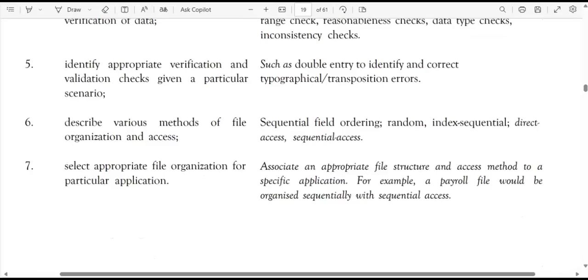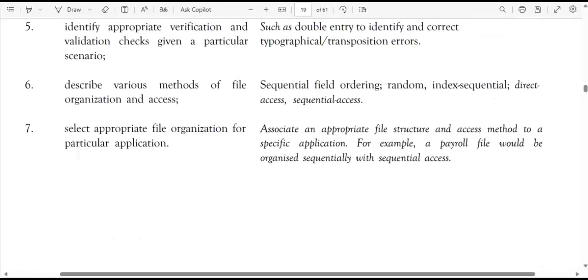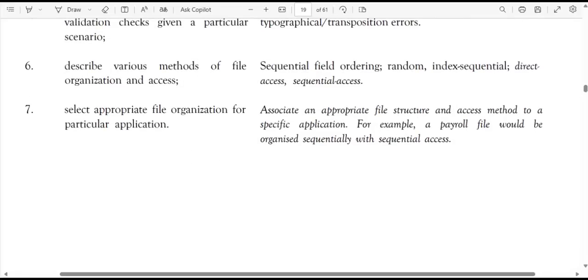We're going to look at describing various methods of file organization and access. Now, to answer this question, we are going to look at what are the various methods of file organization and access. These include sequential field ordering, random, index sequential, direct access, and sequential access.